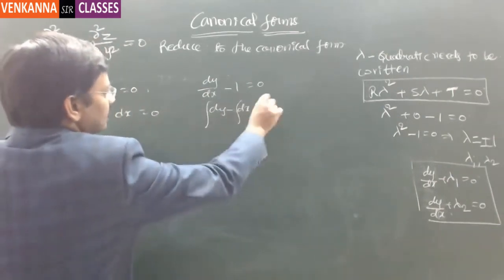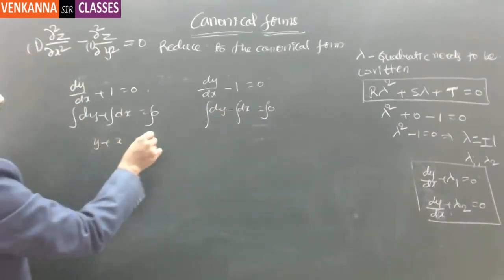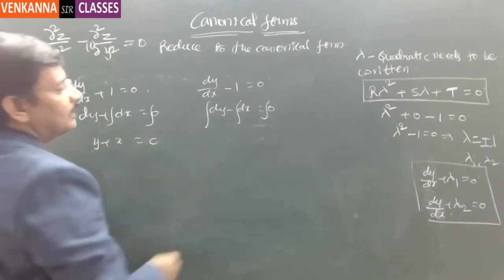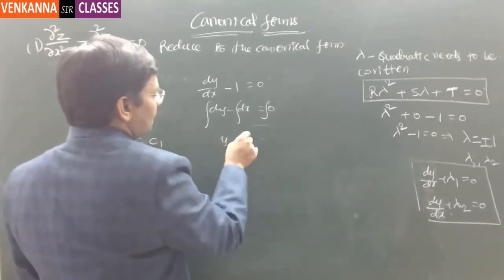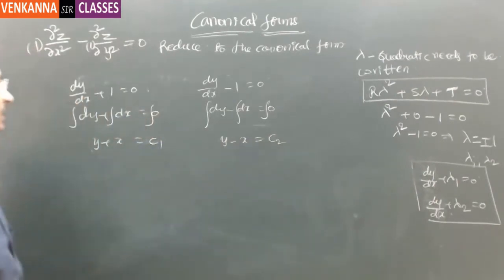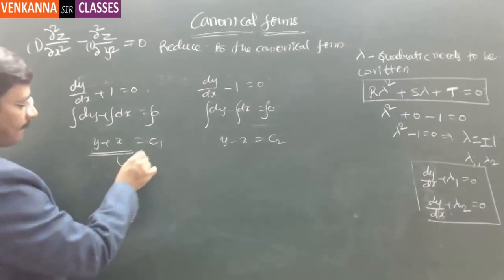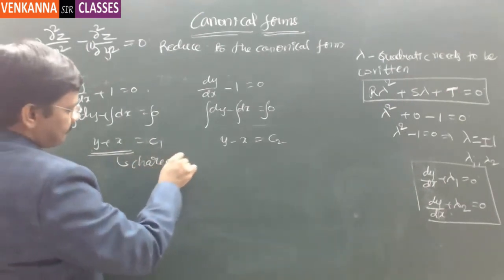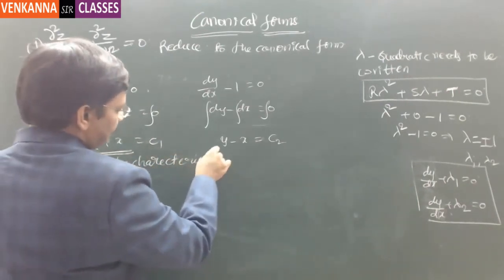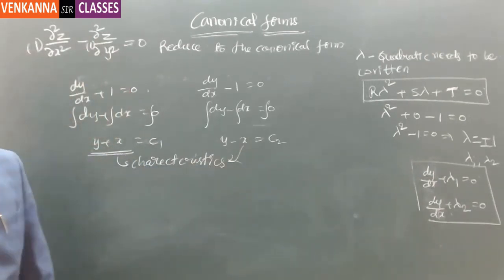Now integrate on either side, then this is going to be y plus x equal to some constant c1, and here y minus x is equal to some constant c2. These two together we call the characteristics of the differential equation.